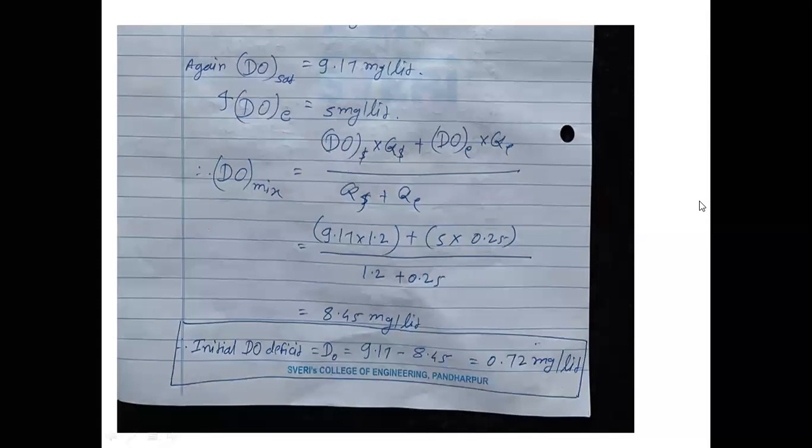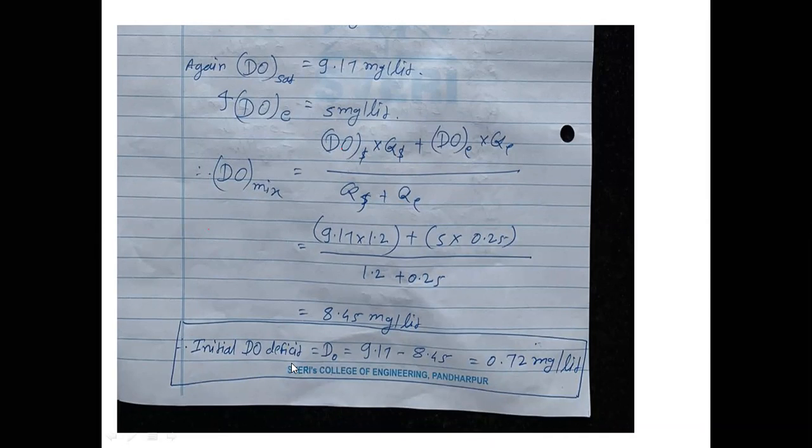Then I will explain the further part. The initial dissolved oxygen deficit D naught is equal to 9.17 minus 8.45, that is the dissolved oxygen of the mixed liquid, stream and effluent. So the dissolved oxygen deficit D naught will come to 0.72.